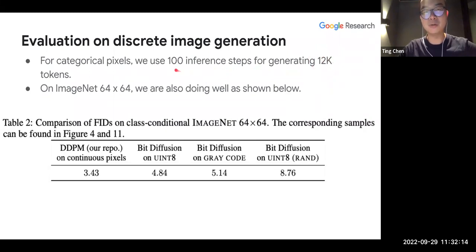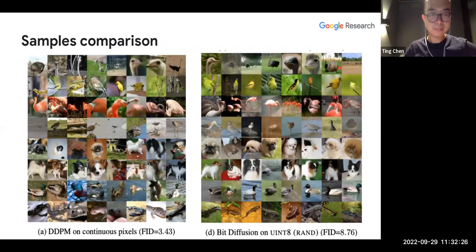But you sample it in only 100 steps, not 12K steps. If you were to do it with an autoregressive model, you have to generate 1 token at a time. So that's an improvement.